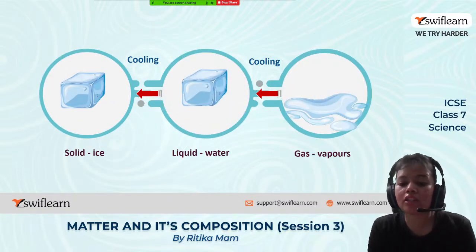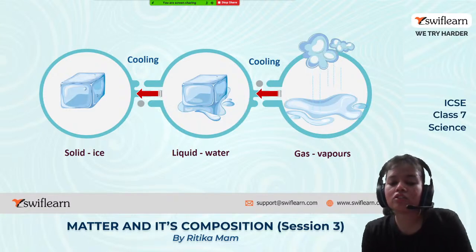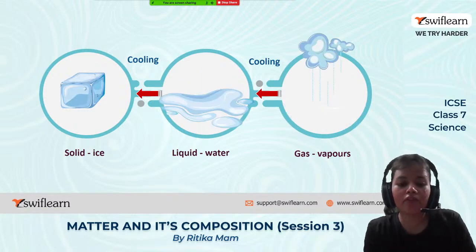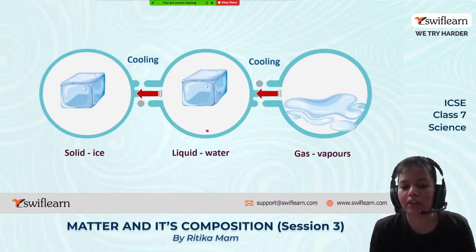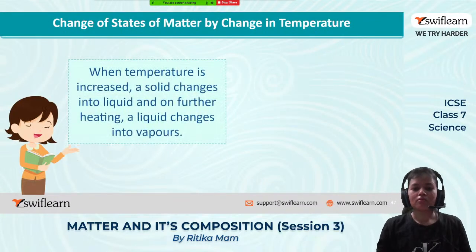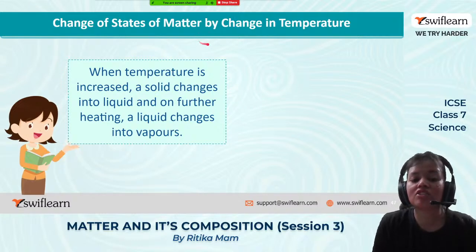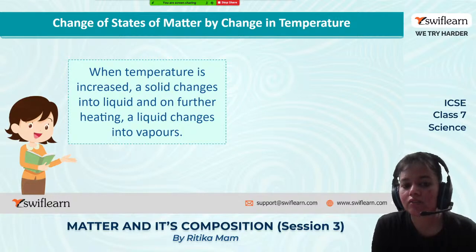What will happen if we cool the vapors? They will slowly turn to liquid, and from liquid they will turn to solid if we refrigerate it. So how does this change of matter happen? What did we do in the previous activity? We changed the temperature.